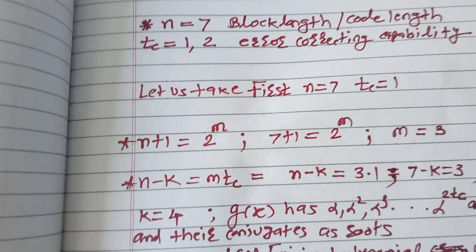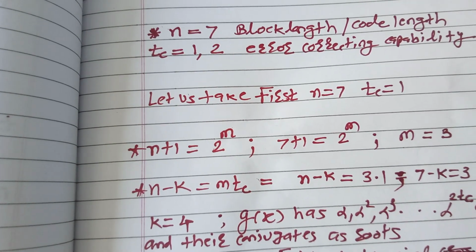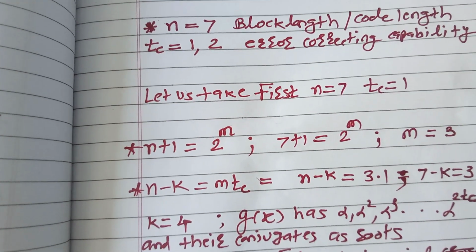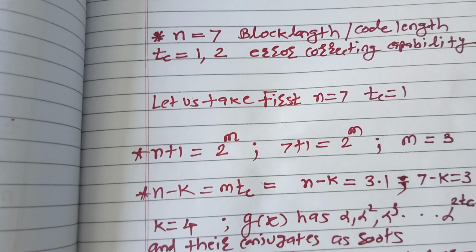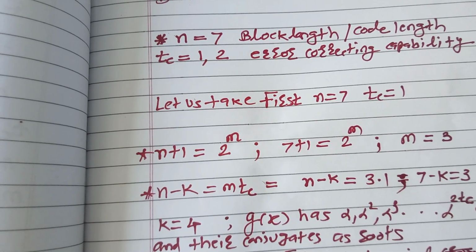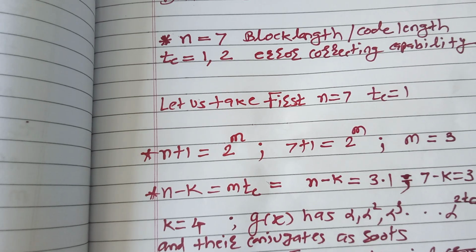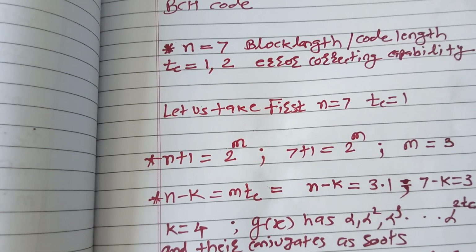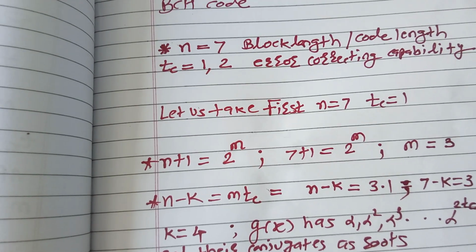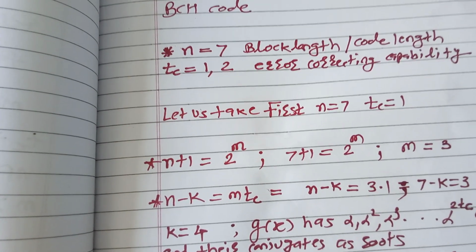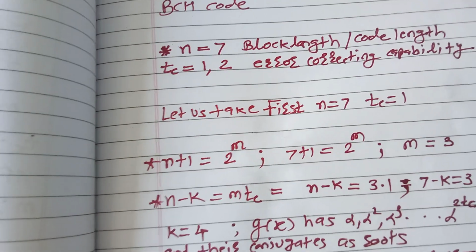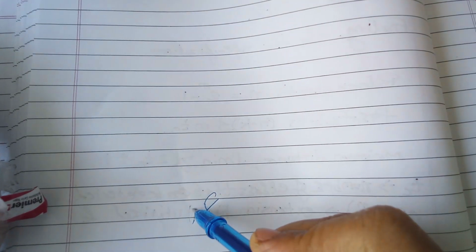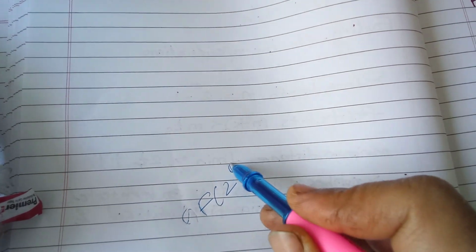So the first step is to find the m. So what is this m? That decides your Galois field. We have already seen extension field, how to obtain the extension field from the base field. So there we know that we have a Galois field, for example, Galois field 2 raised to m, we say.